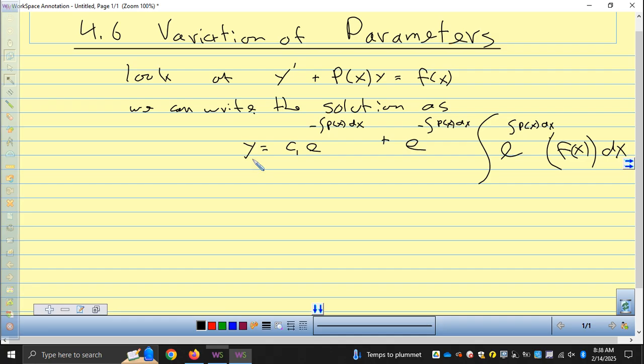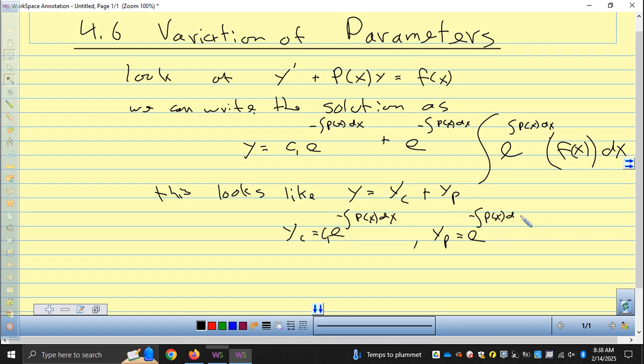So we can think of the solution like this: y equals y sub c plus y sub p, our complementary solution plus our particular solution, where y sub c is c1 e to the negative integral of p of x dx, and y sub p is this big thing, e to the negative integral of p of x dx times the integral of e to the integral of p of x dx f of x dx.